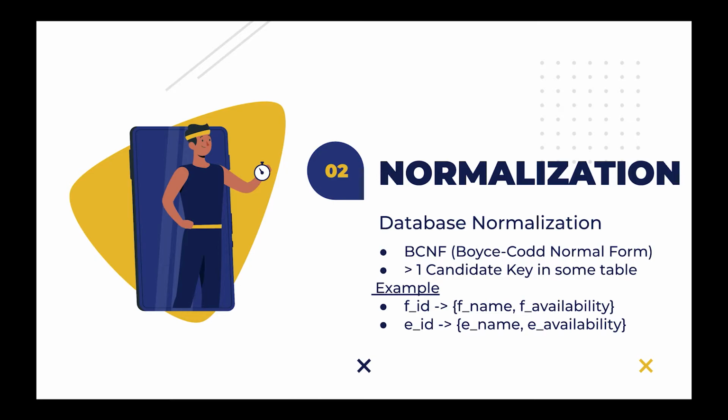For example, in the facility table, the FID can also determine the other attributes of the facility, and likewise EID, or equipment ID, can also determine the other attributes of the equipment. So as you can see, F name and FID are candidate keys, EID and E name are candidate keys. So both can be the primary key. So that's why our database is in BCNF.